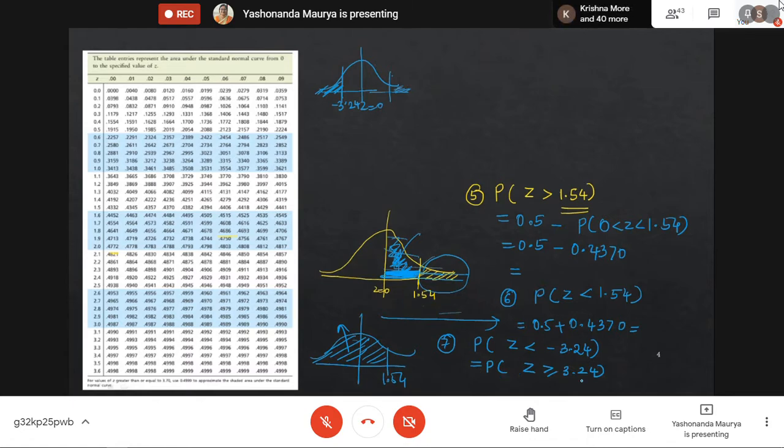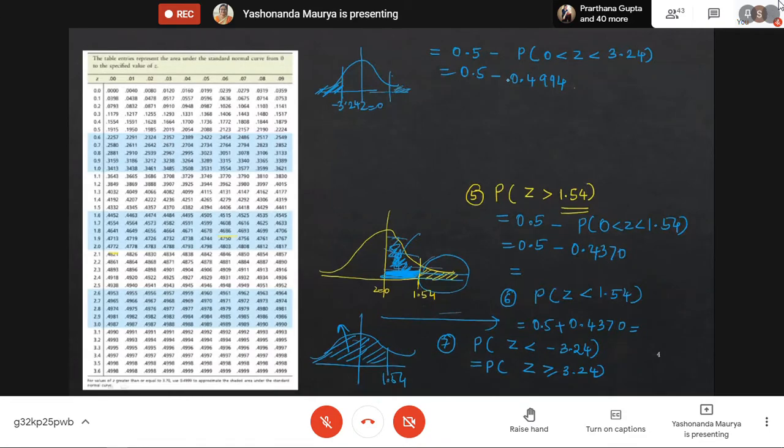The area is this figure. Now this is equal to 0.5 minus the probability that Z lies between 0 and 3.24. So this will be 0.5 minus the table value for 3.24. What is that? Just locate it from the table and we'll get this expression.